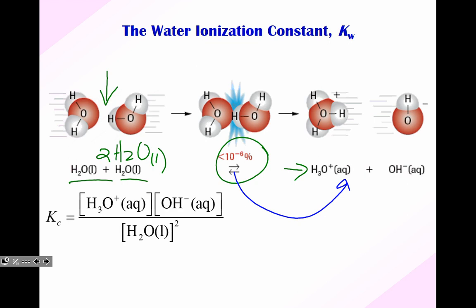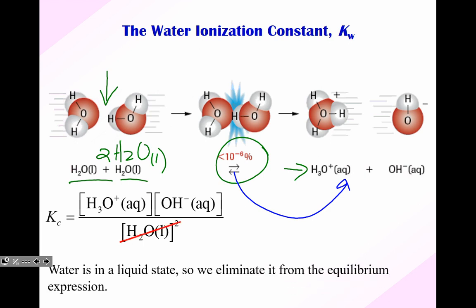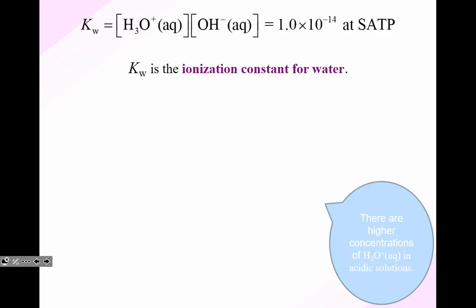If we use this idea, we can come up with a Kc value. We have our hydronium ions and hydroxide ions. We don't include water in this case because it's a liquid, okay? So Kc is equal to H3O+ (aq) times OH- (aq). All right, so let's take a look here.